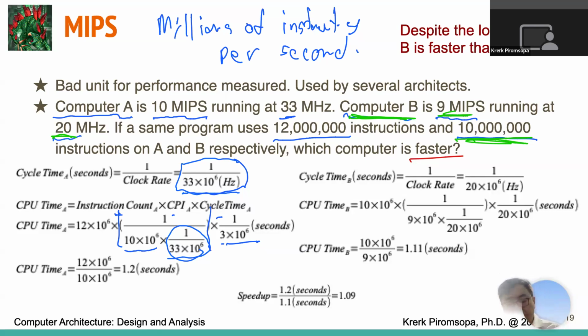Okay, and we do a simple calculation. We have 12 million instructions. It should be 33, maybe a typo. And this would cancel out and give you 1.2 seconds.